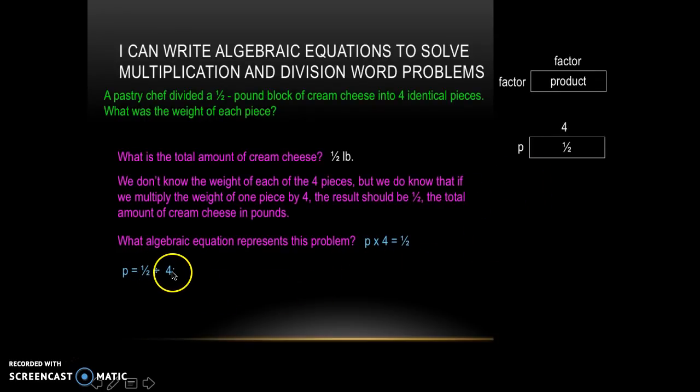A half divided by 4. I'm going to use keep, change, flip. So I keep the half, change division to multiplication. 4 is the same as 4 over 1, so if we flip that, it's going to be 1/4. 1 times 1 is 1. 2 times 4 is 8. So each of those pieces is going to be 1/8 of a pound.